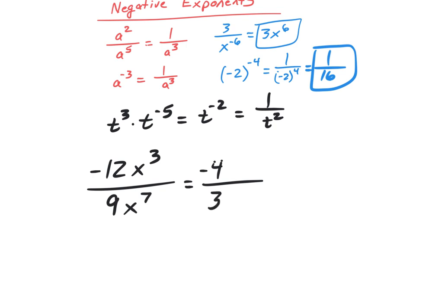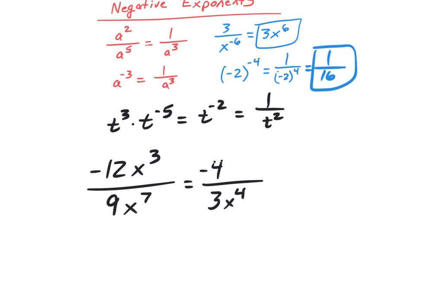So we're just going to reduce the numbers first, because they're not exponents, they're numbers. And then you look at the x's. Where do I have more x's at? Bottom, okay? And I have 4 more on bottom than I do on top. So we end up with x to the 4th.